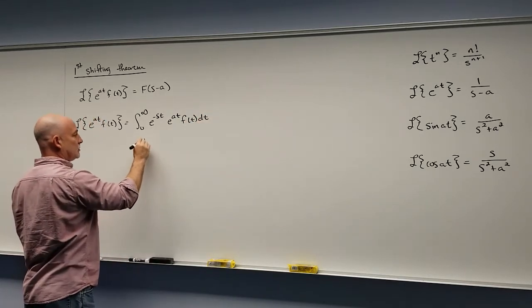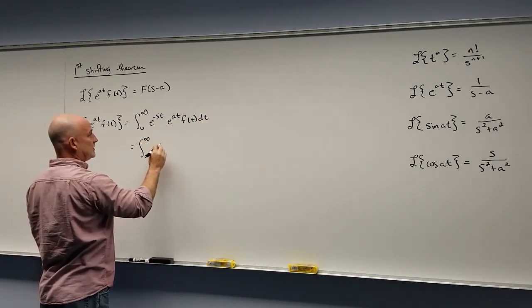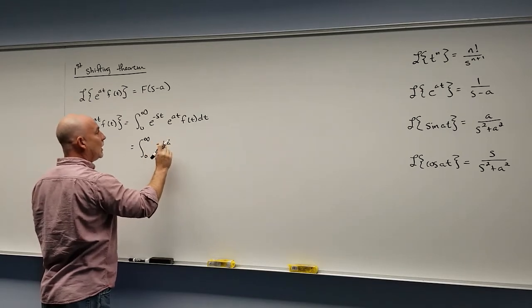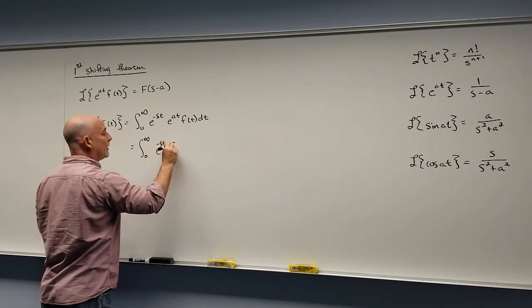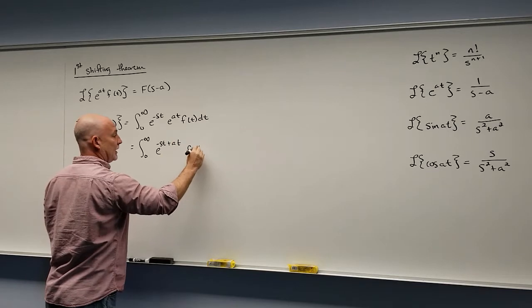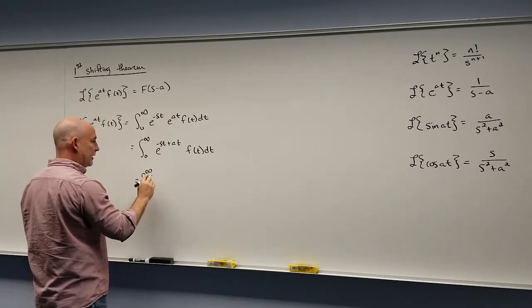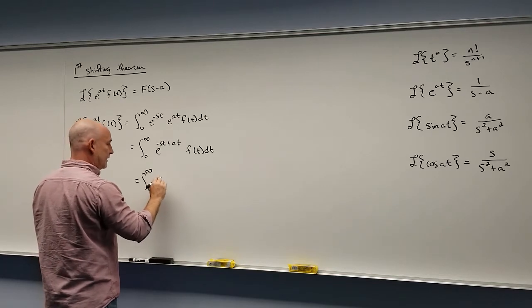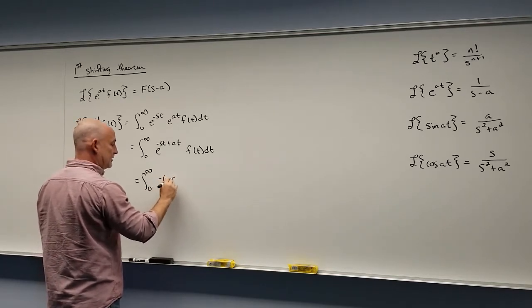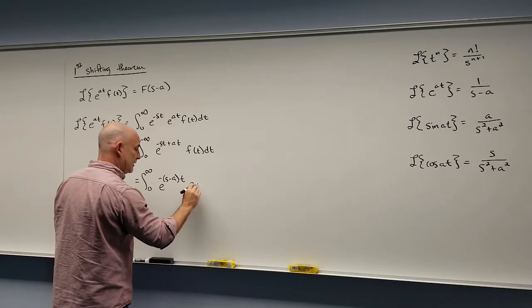We can combine those two exponentials, that's e to the negative st plus at f of t dt. Now I'm going to do a little bit of factoring here. I'm going to factor out the negative, and this will be s minus a times t.